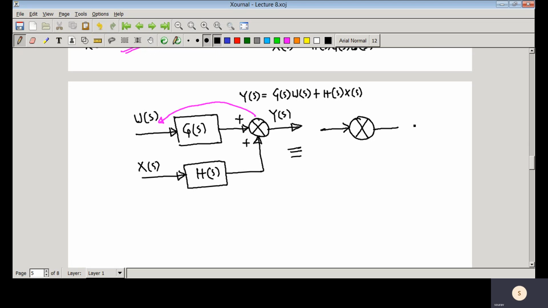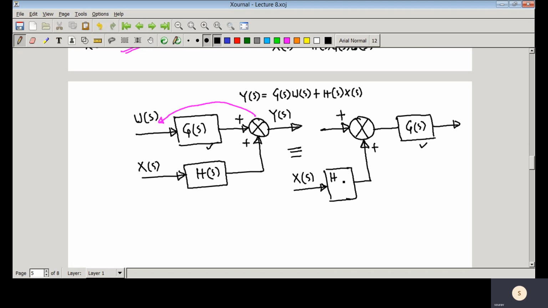So here you can see that Gs is here, the same transfer function is here, and if we change the position of that comparator, you keep it the same here, and then the input coming to this block is Xs.